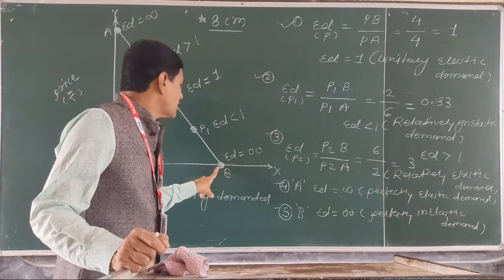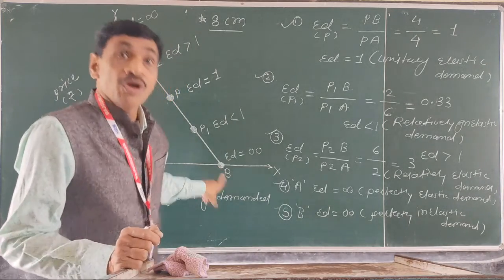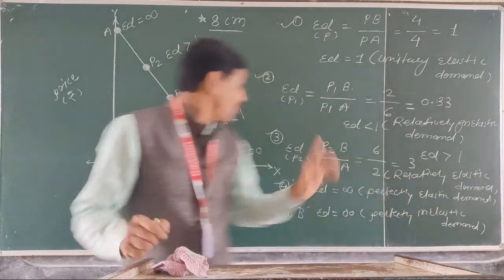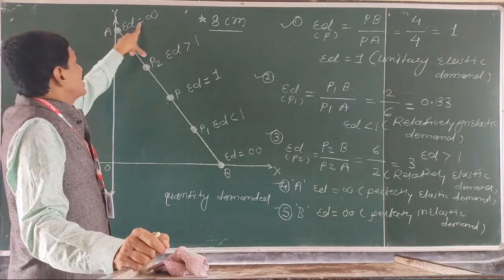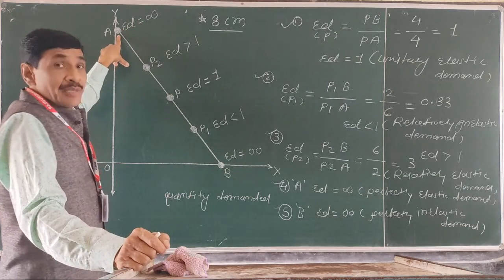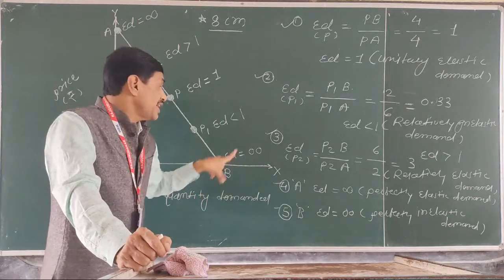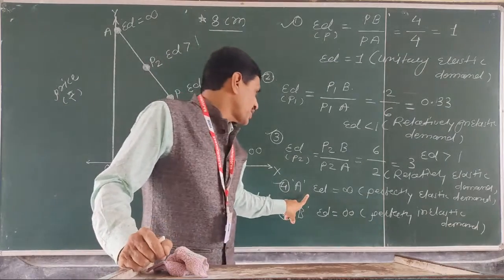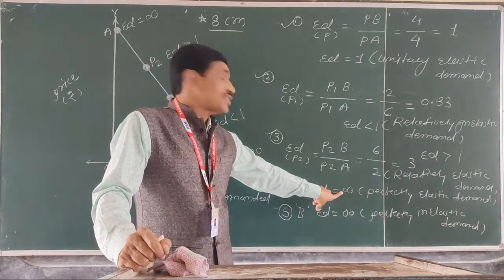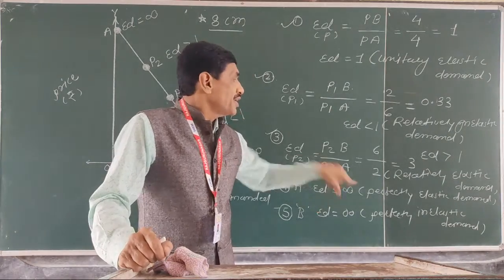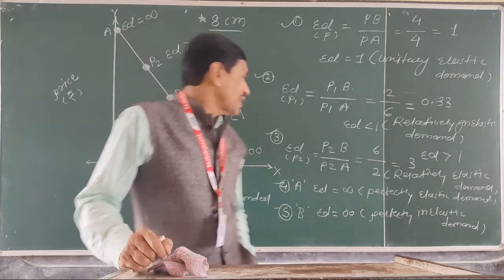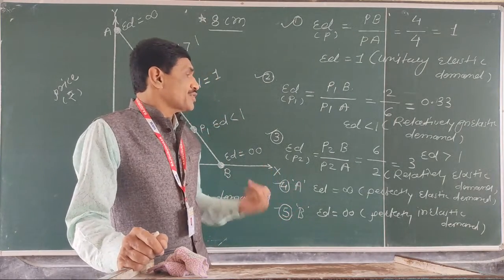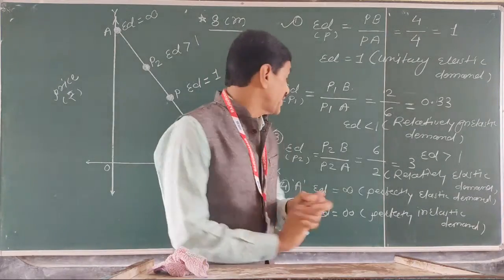Because at that point the lower segment is 0. So at point A, ED is infinite because the upper segment is 0, and at point B, ED is equal to 0 because the lower segment is 0. Point A is perfectly elastic demand, and point B is perfectly inelastic demand.